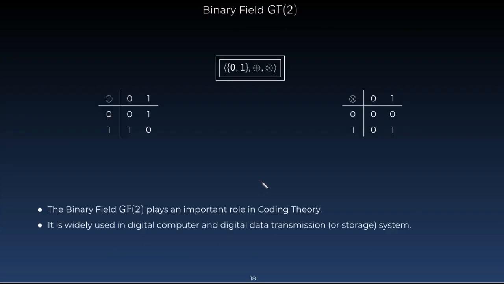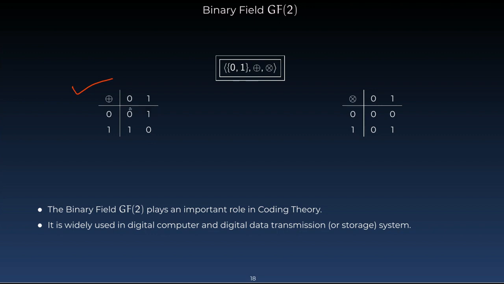So let's start with binary field arithmetic, but before that we are going to define our binary field. In our binary field, the set contains only two elements, 0 and 1, and the addition is modulo 2 addition. Similarly, multiplication is modulo 2 multiplication. Here is the Cayley table for addition.